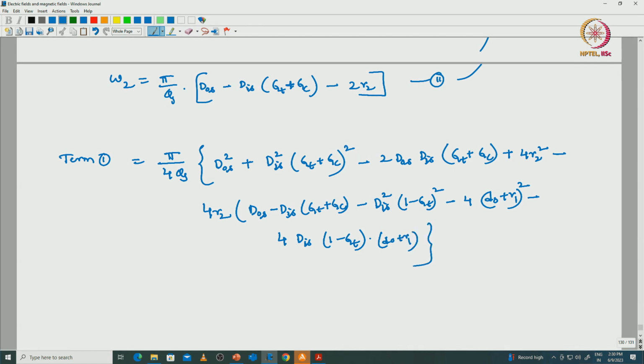This is the total equation with respect to term 1.